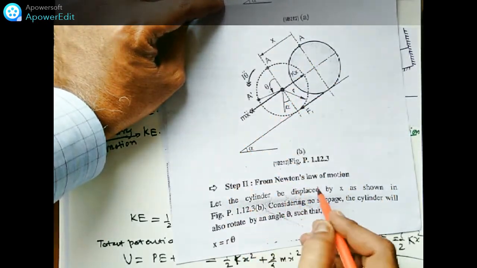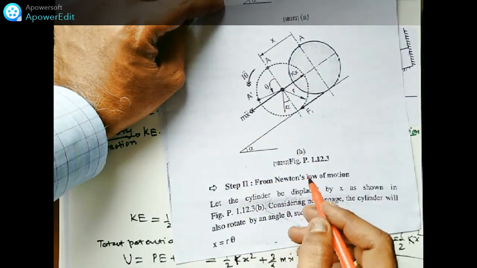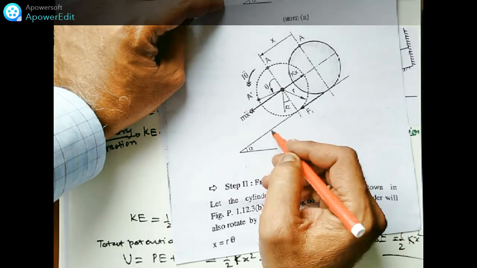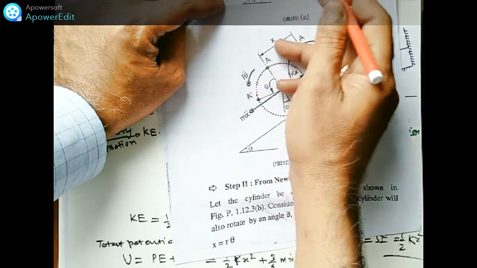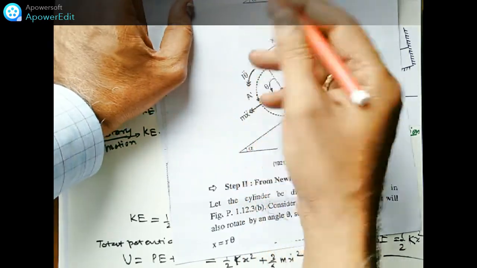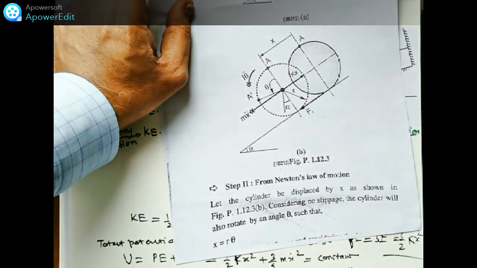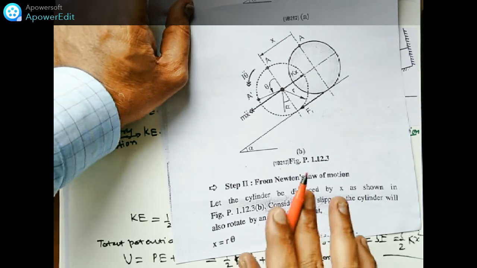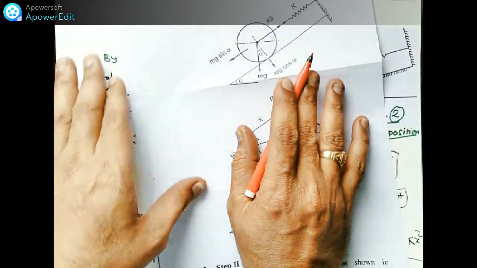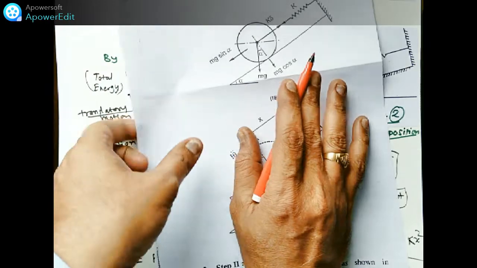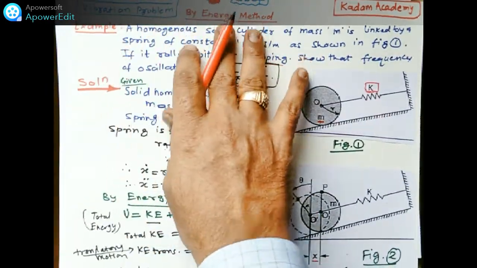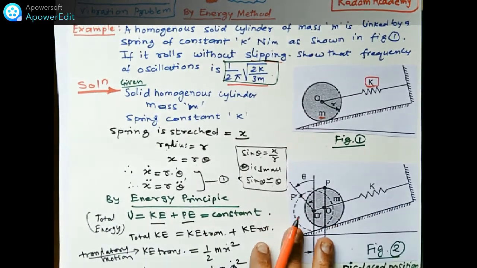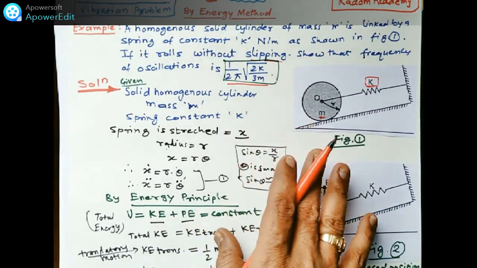If angle values are given, we can find it using Newton's second law of motion. It is not mentioned how to solve it, but to show you how to solve by the energy method, I have taken this numerical. You can also solve this same numerical by Newton's second law of motion and you will get the same natural frequency of oscillation.